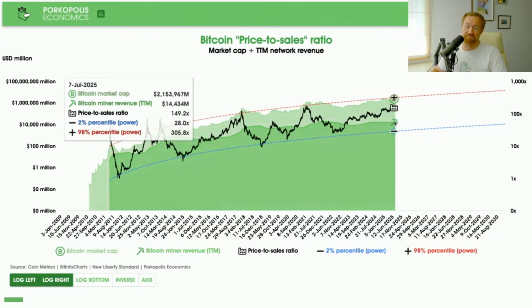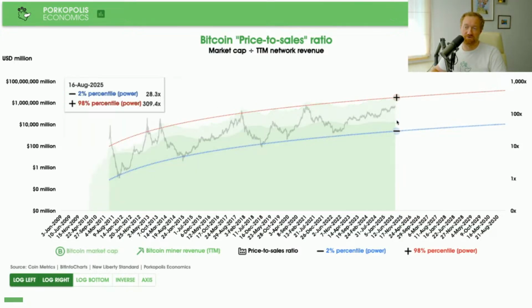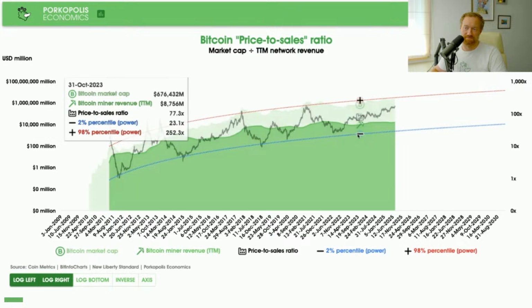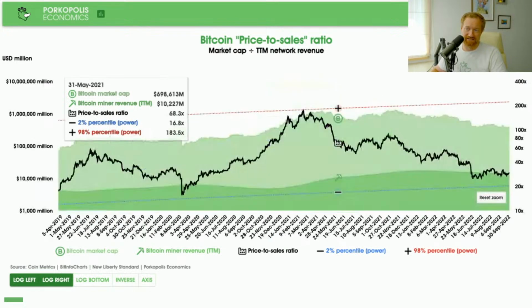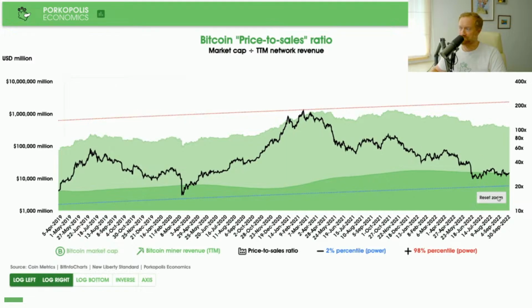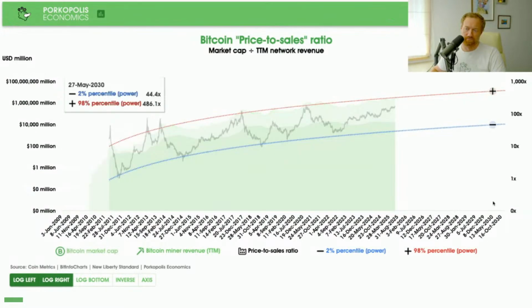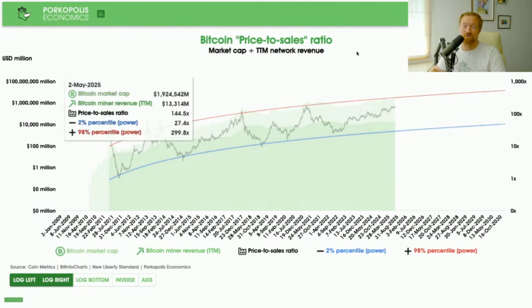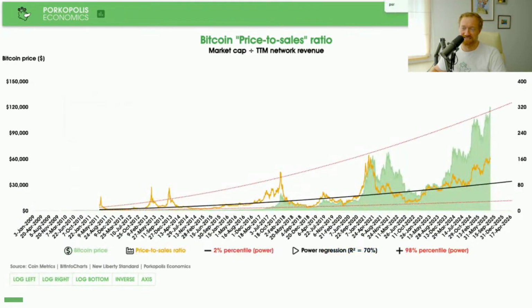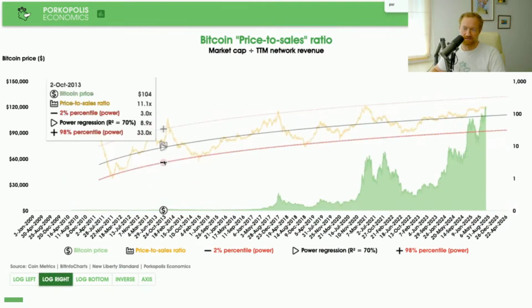But again, catching the top on this multiple has proven it's easier than Apple, but you've still got to be careful. Which is why, to culminate on everything I've been talking about here, here's the trend line itself.